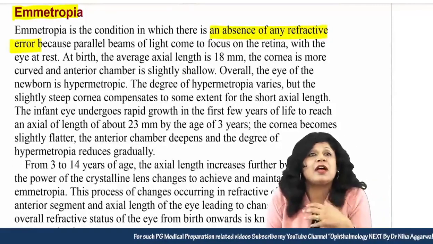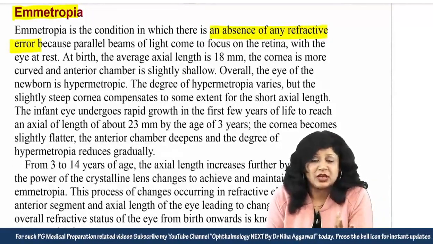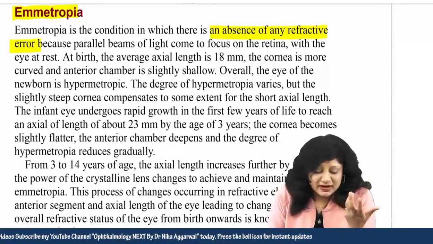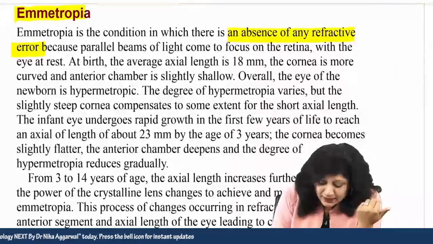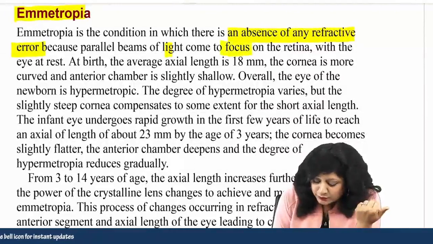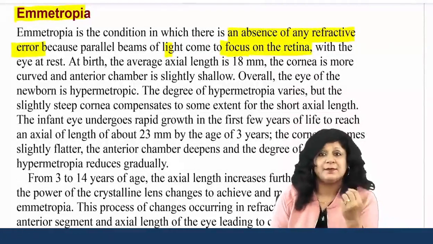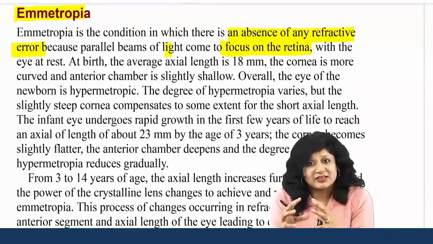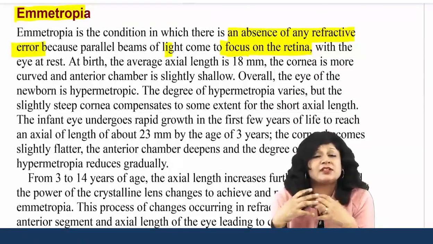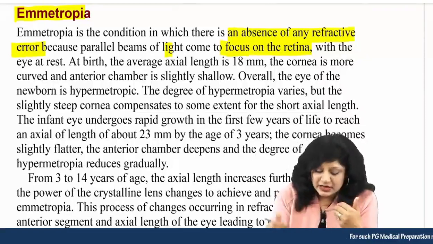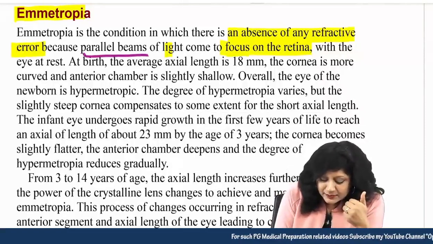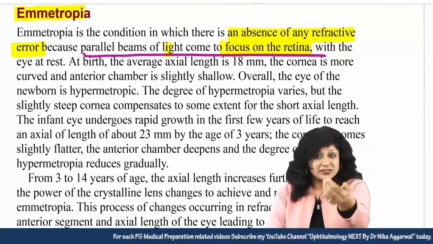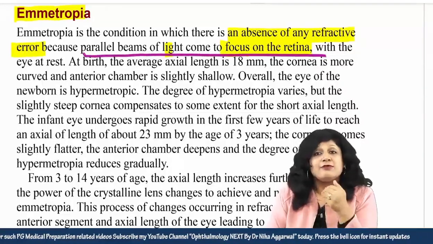Emmetropia is a condition in which there is an absence of any refractive error. You have a perfect state of refraction. You do not have any refractive error, and the parallel beam of light comes to a focus on the retina. When we say that the refraction is perfect, that simply means that the parallel beam of light, which is expected to come from infinity with accommodation at rest.